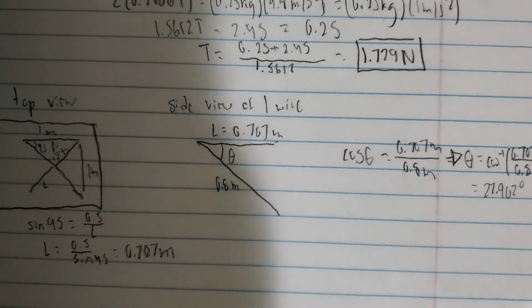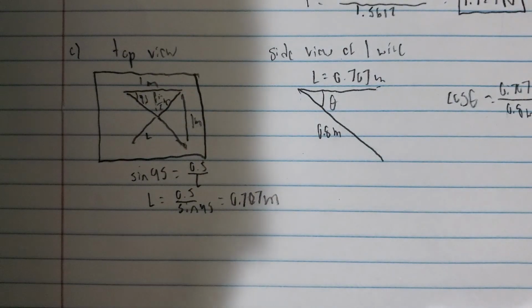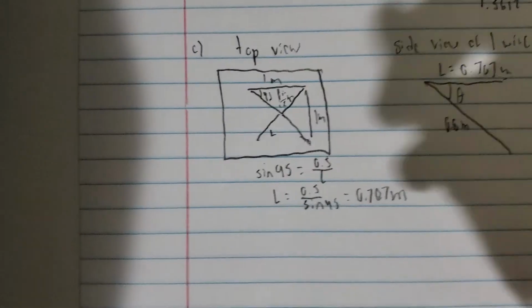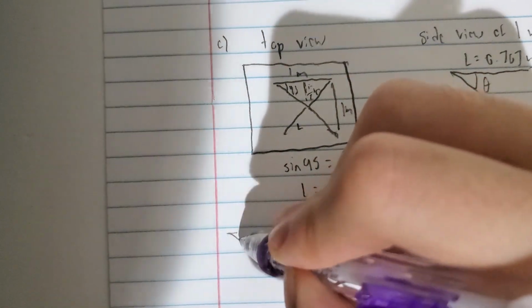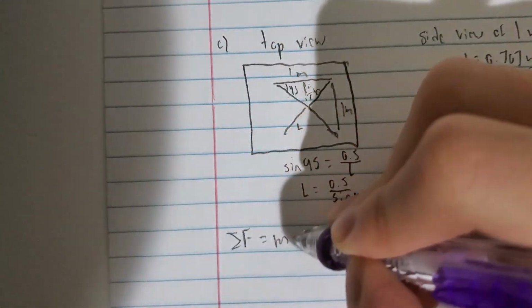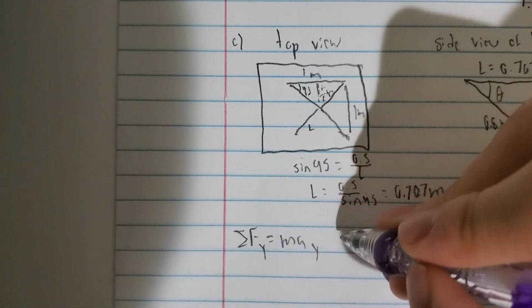Now that we have that, we can set up Newton's law to solve for our tensions. Same equation: total force is equal to mass times acceleration in the y direction.